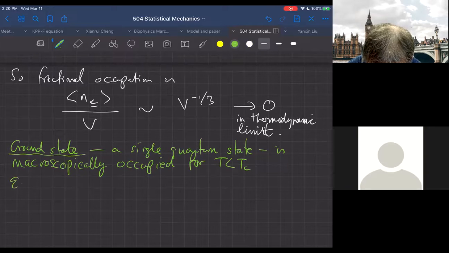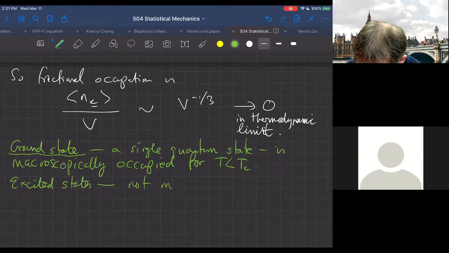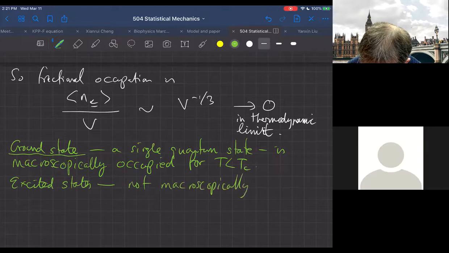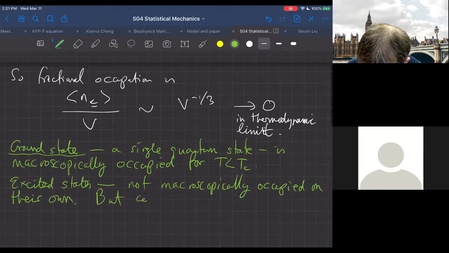The excited states are not macroscopically occupied on their own, but collectively they are macroscopically occupied.